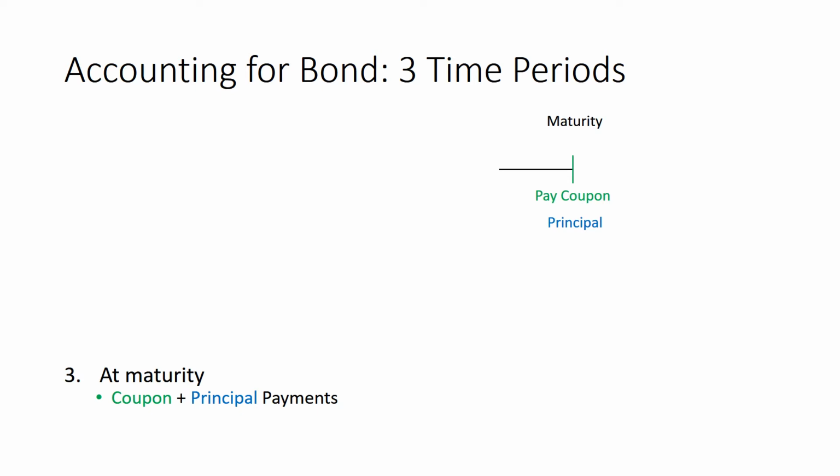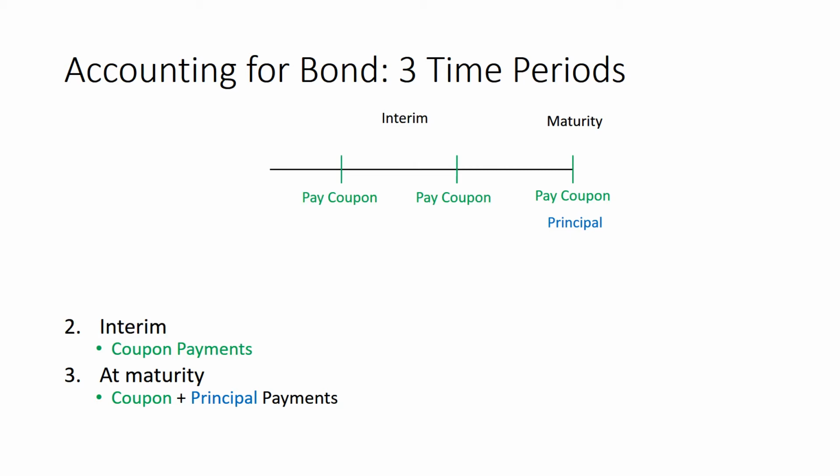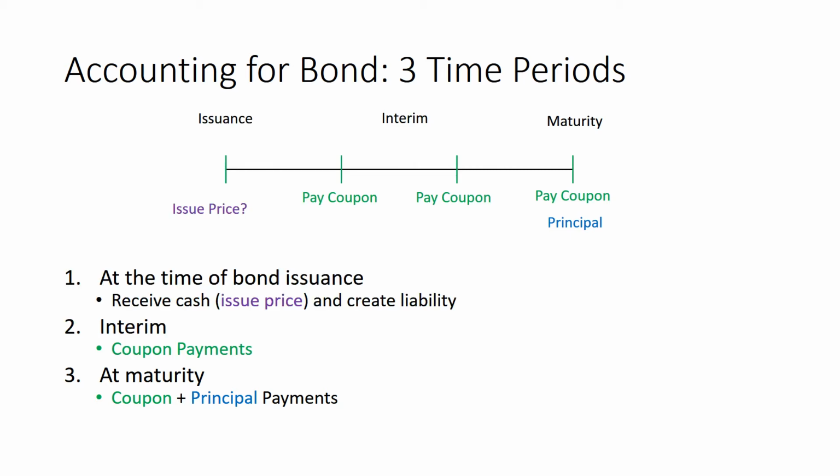Working backwards, at maturity, there are coupon and principal payments. In the interim, there are coupon payments. So that means at the time of the bond issuance, the firm will receive cash and create a liability because they had a bond outstanding.